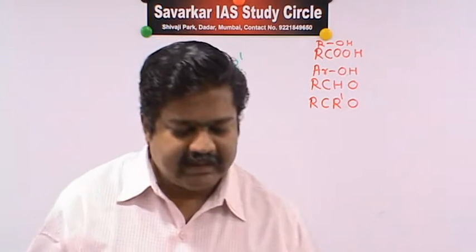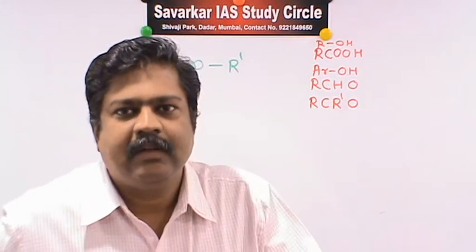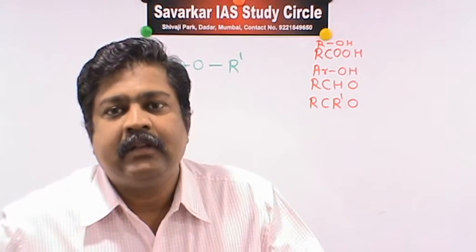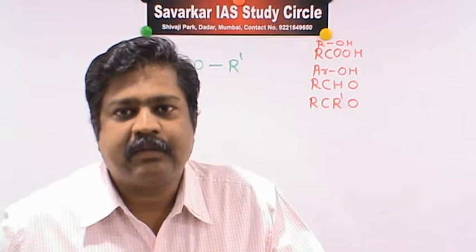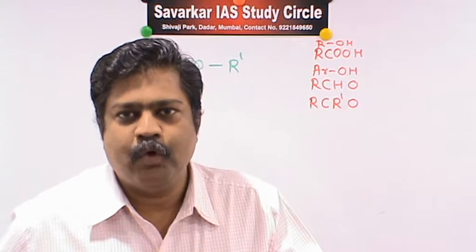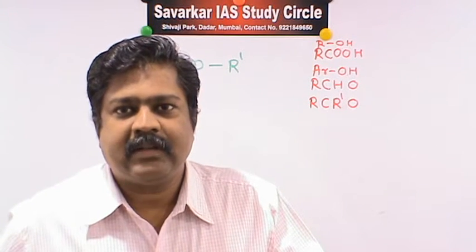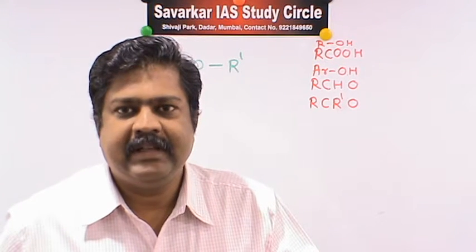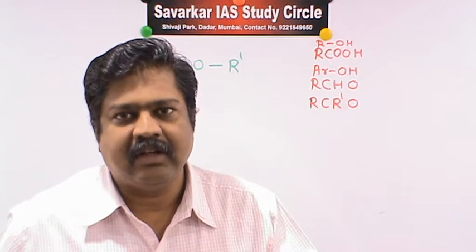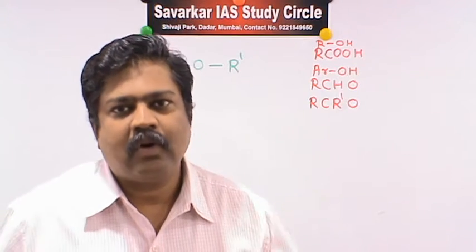Don't mix up this ether with physics. In physics also we ask why transverse waves travel in vacuum. It is said that some hypothetical medium is there, called luminiferous ether. But that is not the ether we are talking about here.